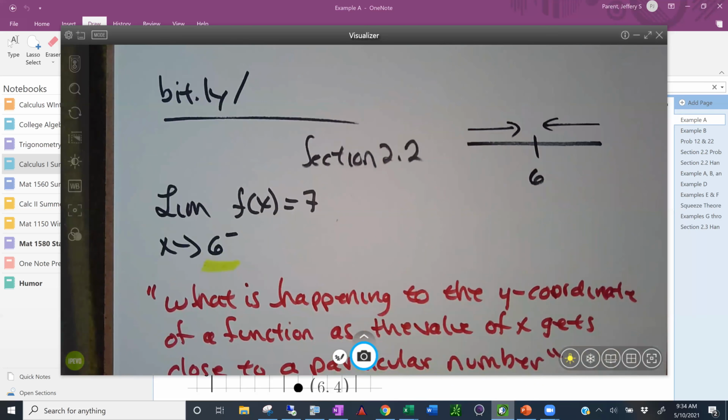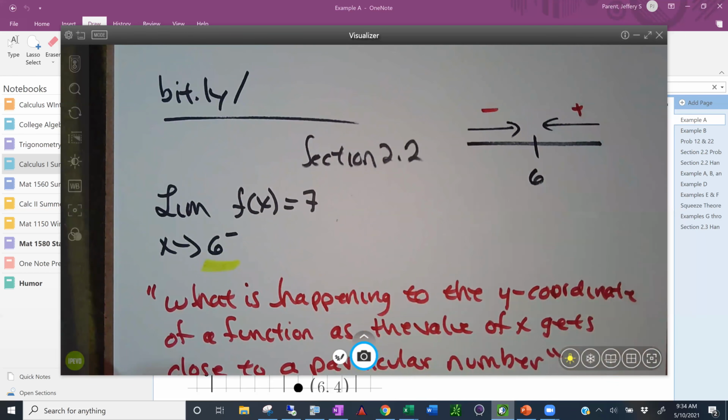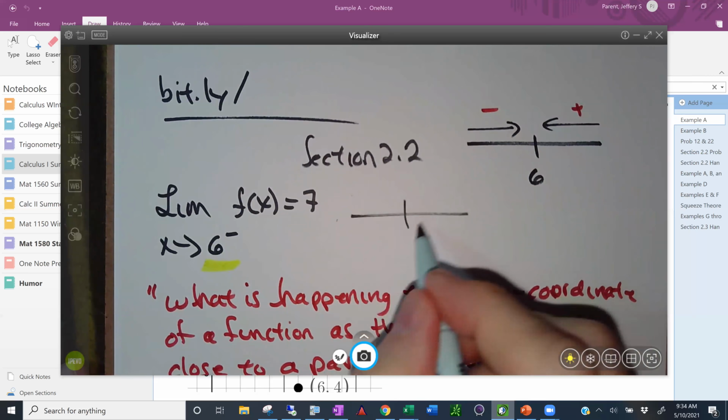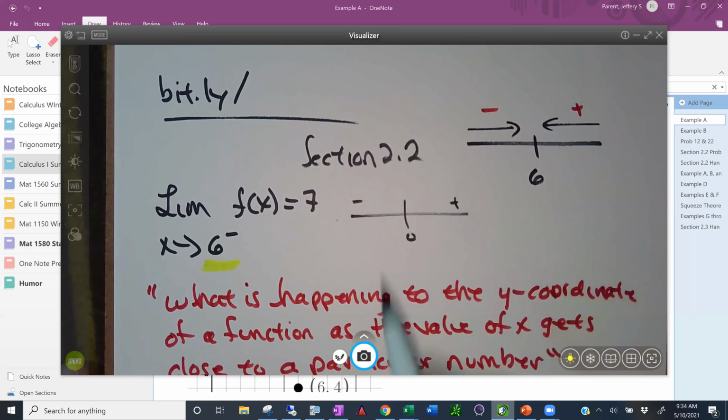Now when you're approaching from the right, that's the positive side. When you're approaching from the left, that's the negative side. It comes from our coordinate axes, because if you draw a graph with 0 here, the positive side is to the right, the negative side is to the left.